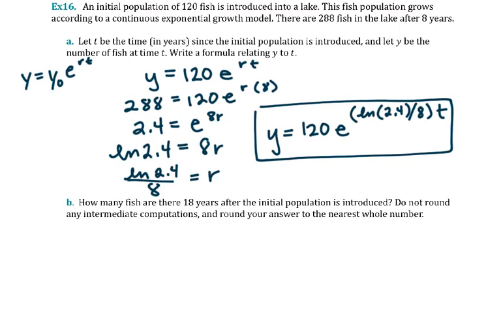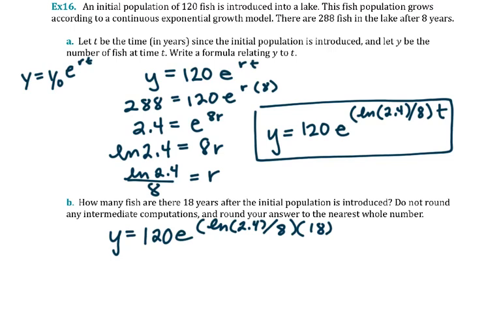Because I need that rate to be precise, I'm keeping it in an exact format as opposed to plugging it into my calculator and getting an approximate decimal. So at this point, we would just say that y is 120 e, and the e is raised to the ln 2.4 divided by 8, all of which would be times 18.